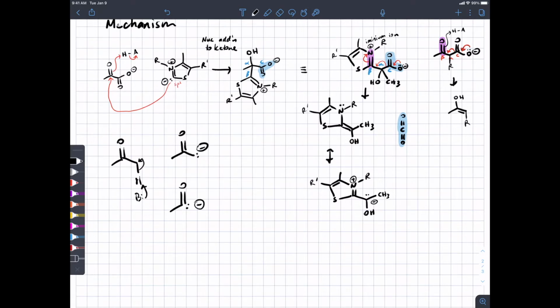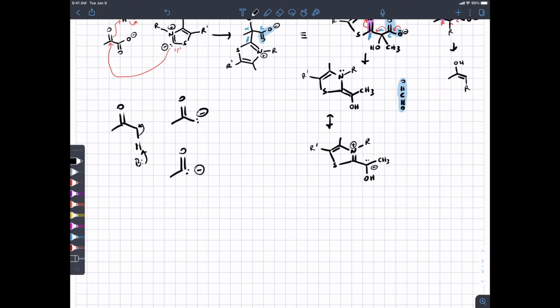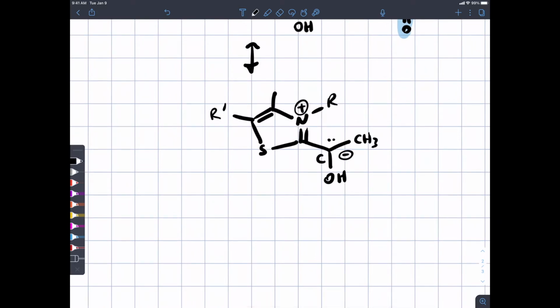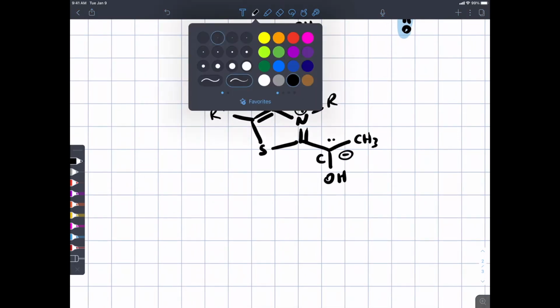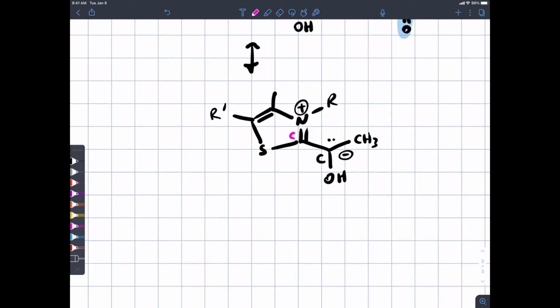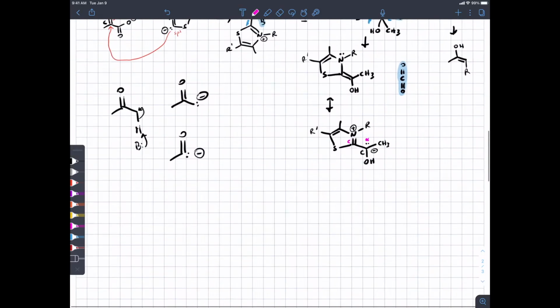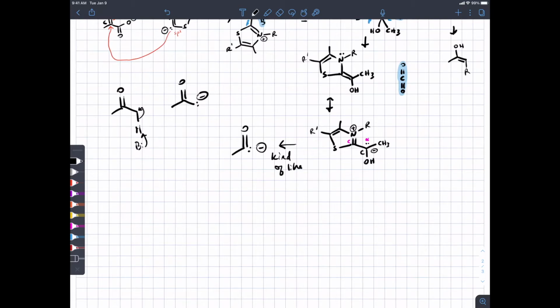But because of thiamine, we've turned what used to be a carbonyl carbon into something that's alpha to another carbonyl. And that allows us to basically be nucleophilic on what used to be the carbonyl carbon, and it's going to react kind of like this.